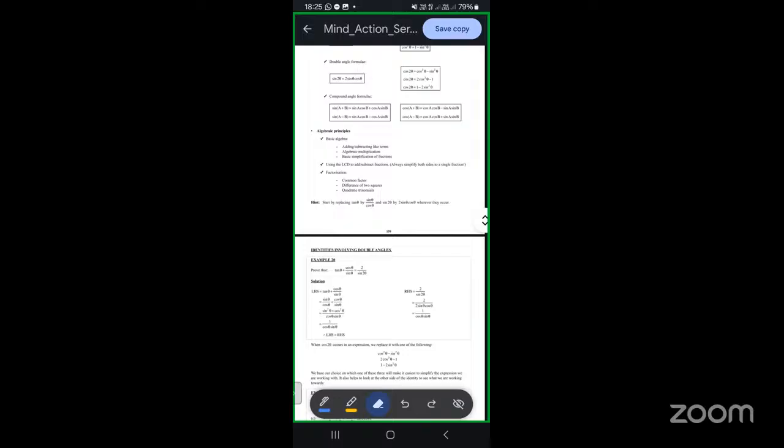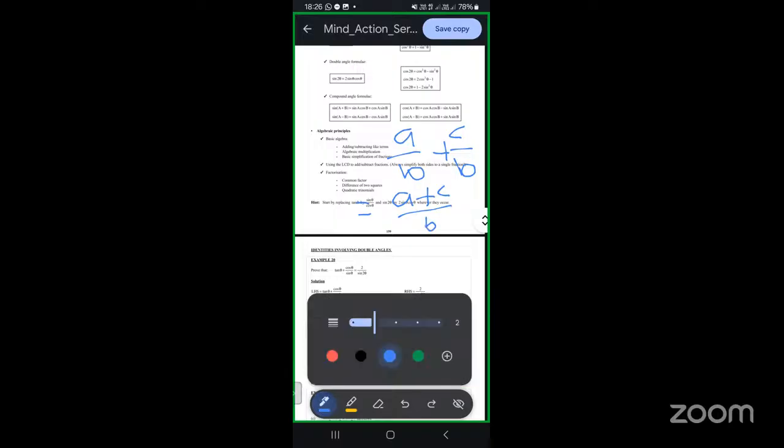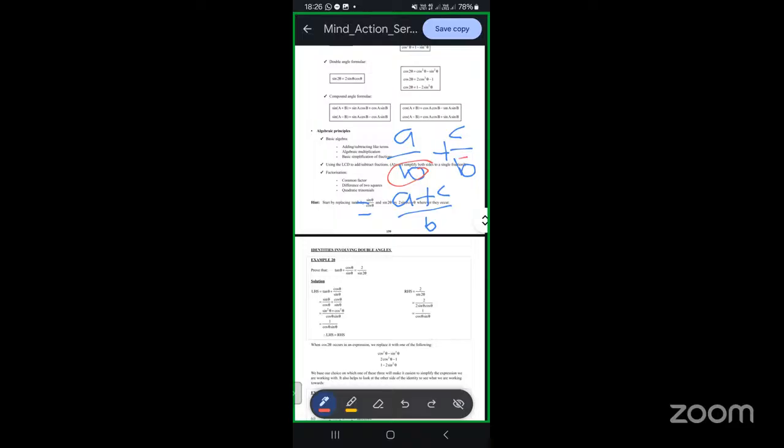Let's say we have A over B plus C over B. If we simplify this fraction, we just say A plus C over B. You take just one B, because both fractions have the same denominator, and then add the numerators.